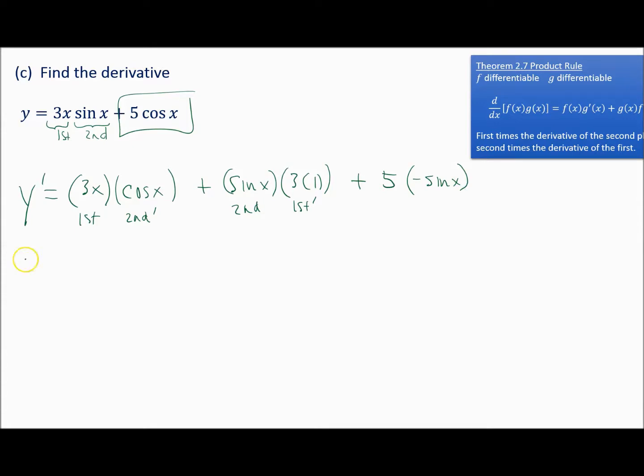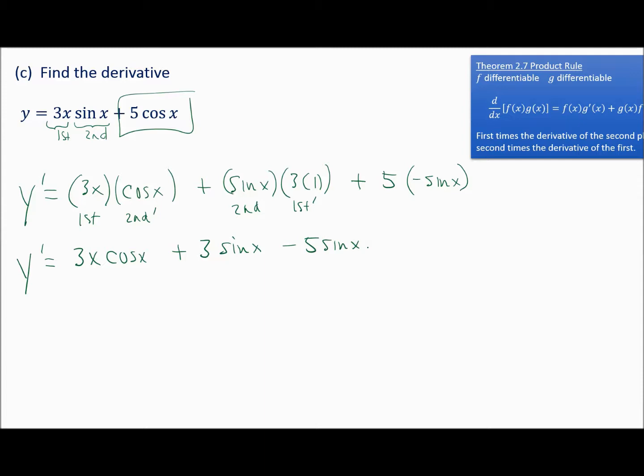Now it's all about simplifying. So I'm going to clean it up a little bit. So I've got 3x cosine of x. I can just write that all together without parentheses. Sine of x times 3 is better written with the constant multiple in front, 3 sine of x. And then 5 times negative sine of x is negative 5 sine of x.